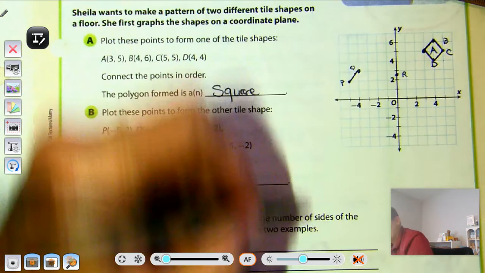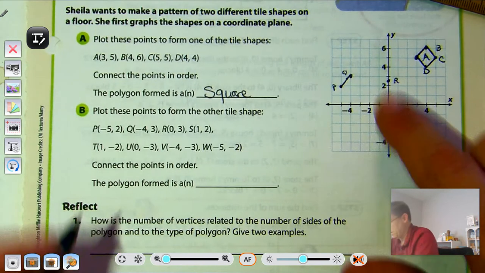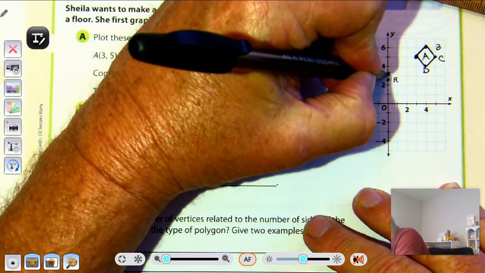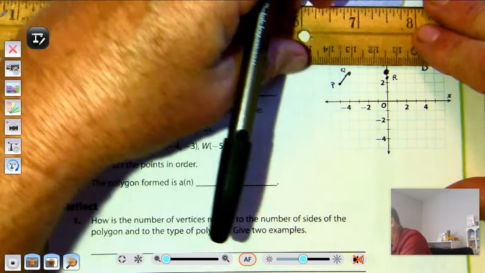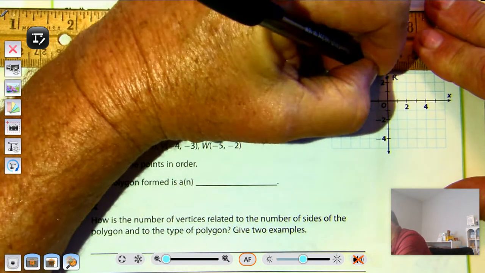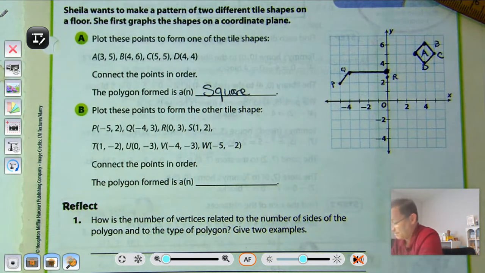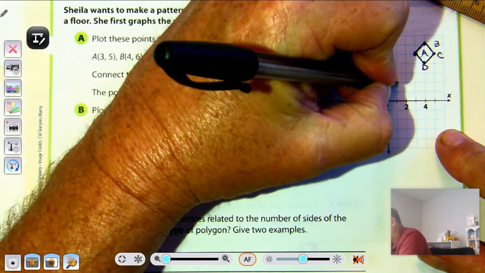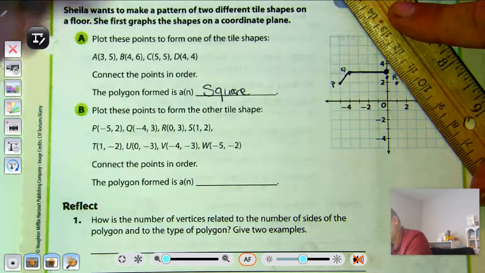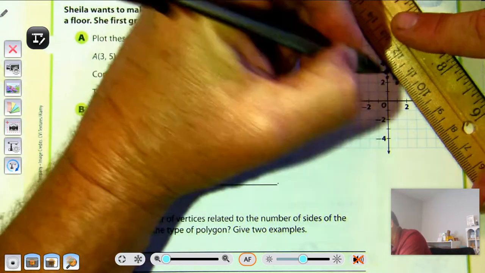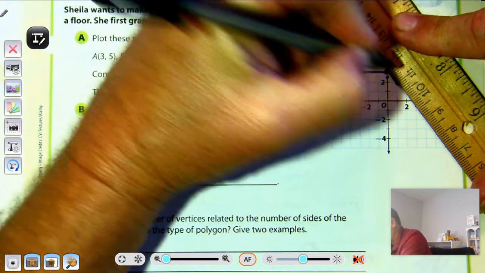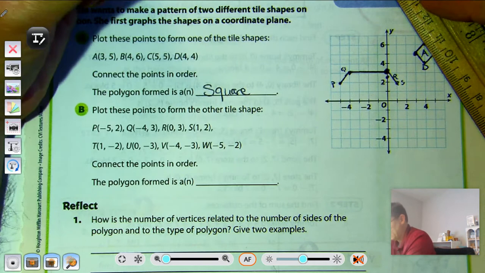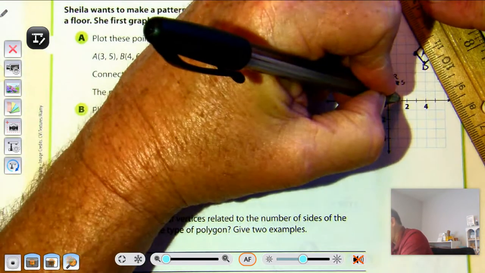Oh, I put this as 2.5. I'm not sure why I did that. 0, 3. 1, 2. That's point S. 1, negative 2.